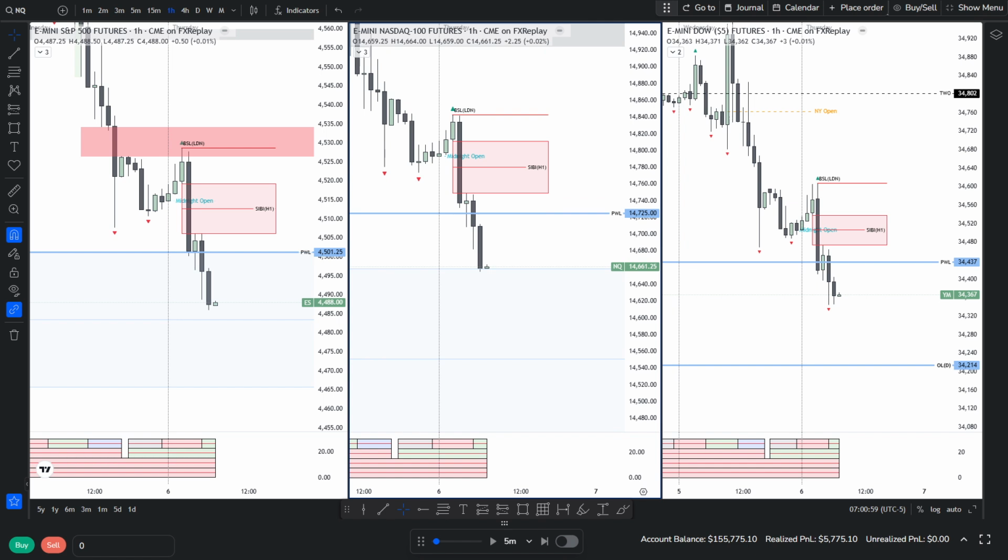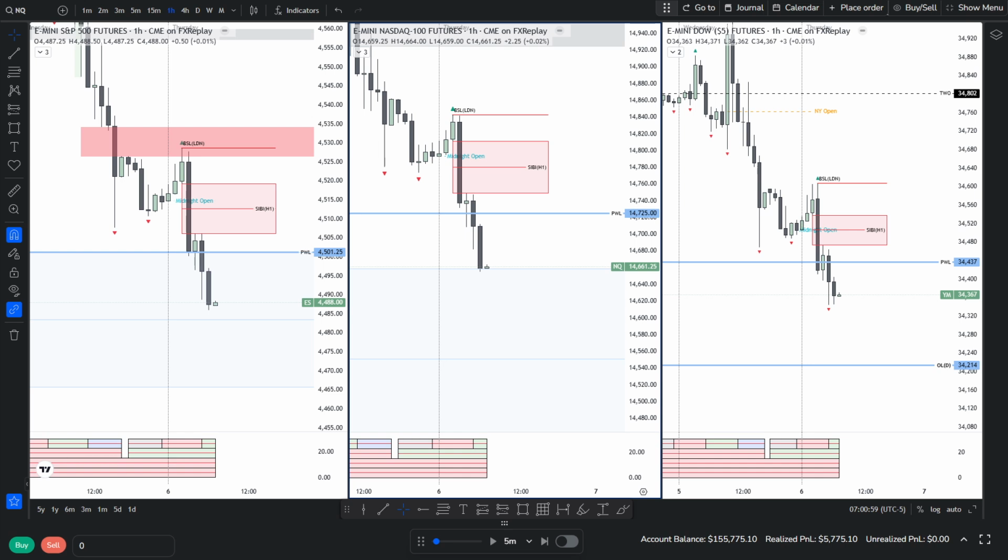Let's go to our situational board. So with price being below the true week open, and also H4 framework supporting lower prices, if the market trades up into the CB H1 and forms a low time frame correlation, either a PDA SMT or low time frame SMT, this could support lower prices.